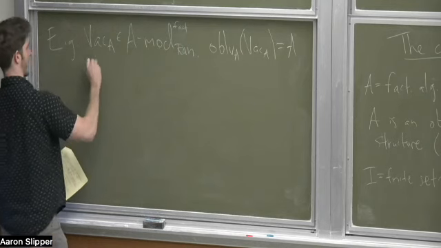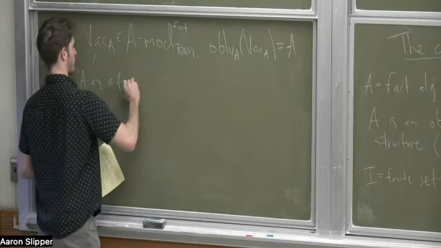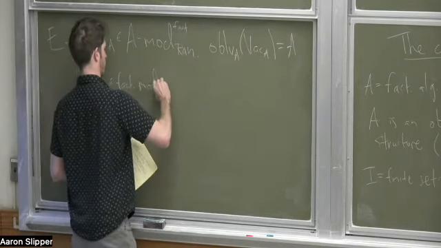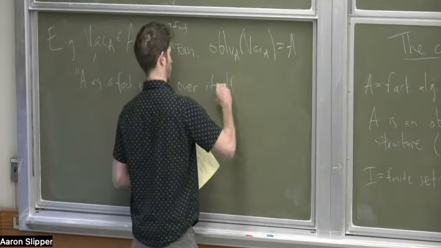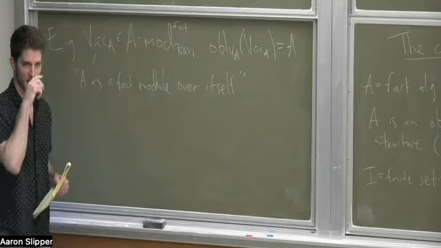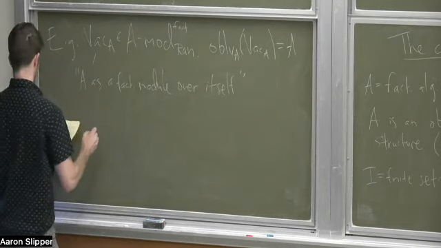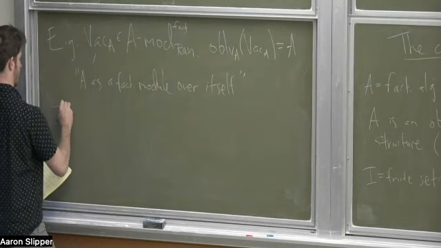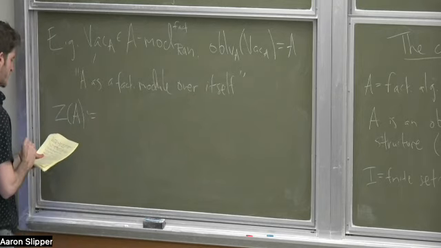So this thing is A as a factorization module over itself. It's like the associative algebra is a bimodule over itself. It's completely analogous to this. And so what this allows me to define is the so-called center of this factorization algebra.